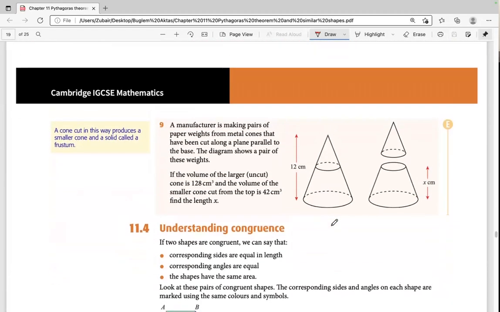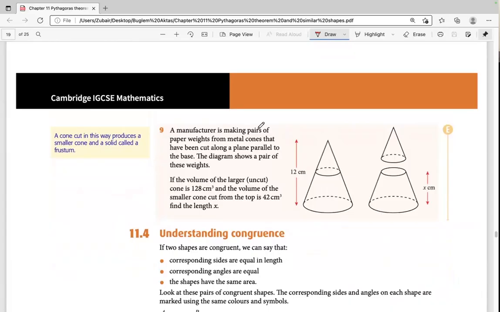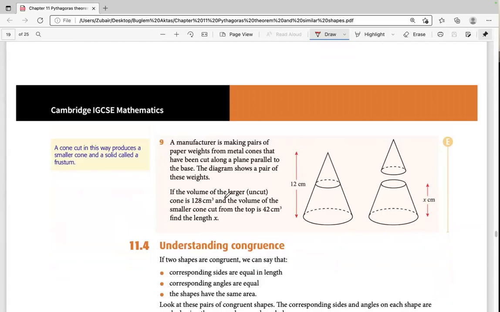Question number 9. A manufacturer is making pairs of paperweight from metal cones that have been cut along a plane parallel to the base. The diagram shows a pair of these weights. If the volume of the larger uncut cone is 128, find the volume of the smaller cone cut from the top is 42.